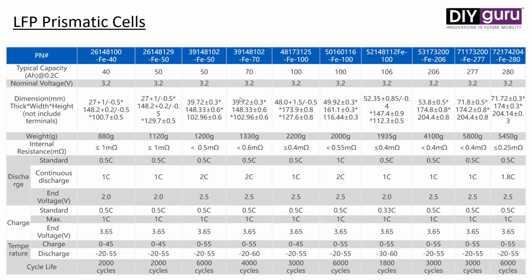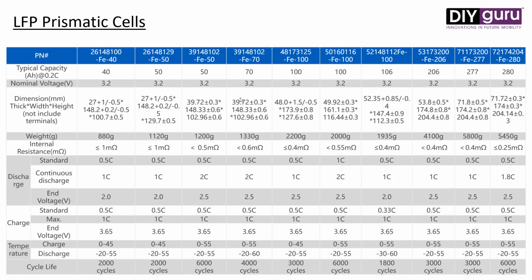Standard charging is at 0.5 C and discharge at 1 C to 2 C. The end voltage is again 2 volt, but for a larger battery it is even 2.5 volt, at standard 0.5 C and maximum 1 C.